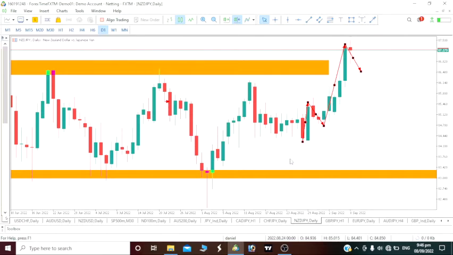And once you look at the New Zealand pairs, especially New Zealand dollar to USD, you see that it's actually dropping, and some of the other New Zealand dollar pairs are dropping too. So there won't be any difference on New Zealand dollar to JPY. So New Zealand JPY next day will very much likely close bearish, so watch out for it.